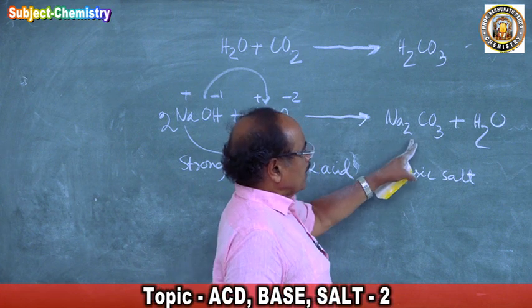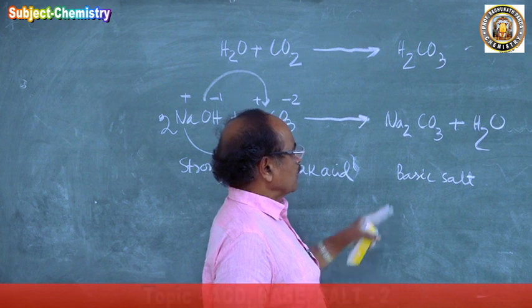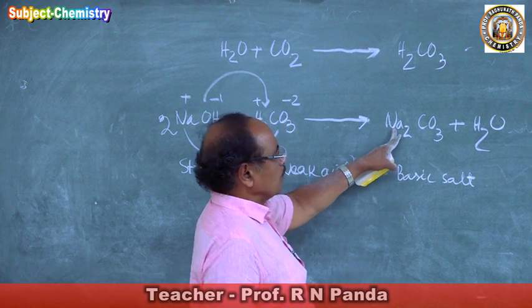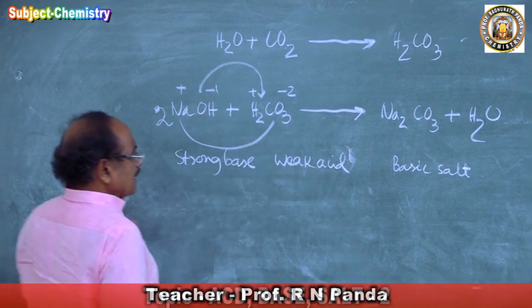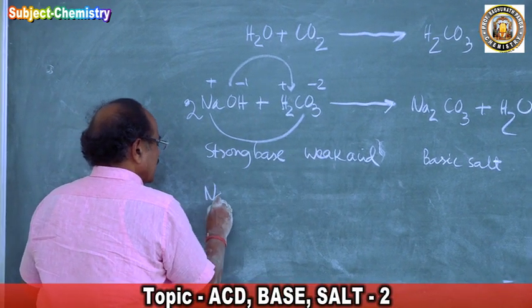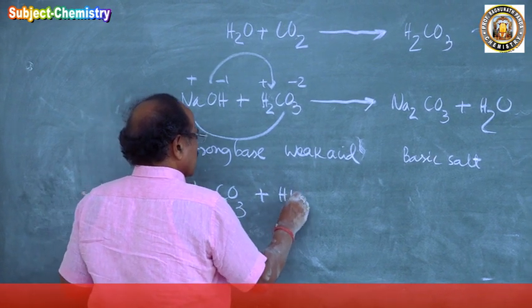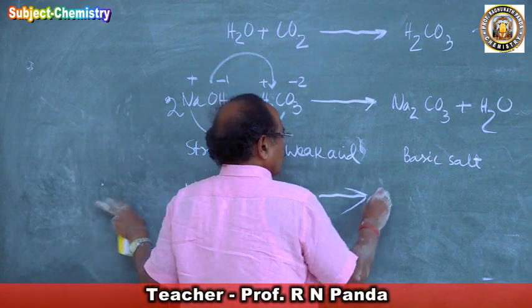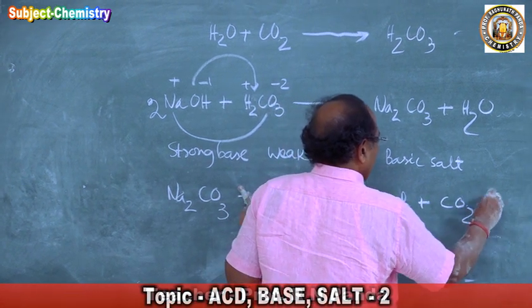This sodium carbonate reacts with acids to produce carbon dioxide and water. So sodium carbonate is a basic salt, and that is the reason it will react with acid. If you add acid, say HCl, this will form sodium chloride, carbon dioxide and water.